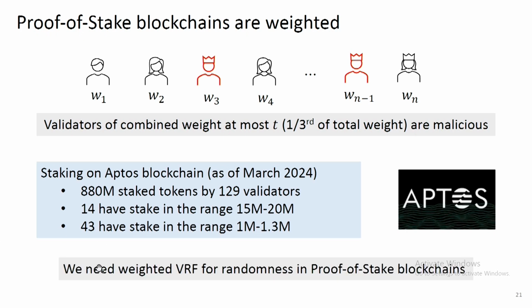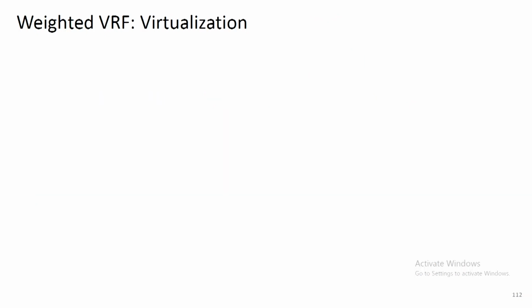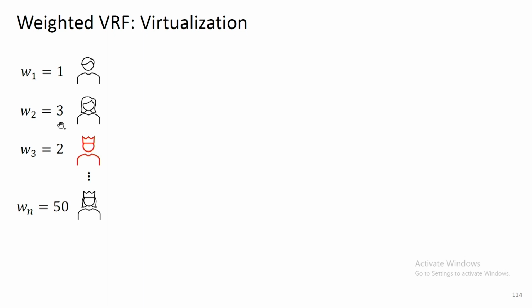So what we need to get a randomness beacon for proof of stake blockchains is a weighted VRF functionality, and this paper is about designing such a weighted VRF functionality. Before I go there, I'll give you a simple example of designing a weighted VRF using virtualization. Let's say we have parties with different weights, and W plus is the sum of the weights.